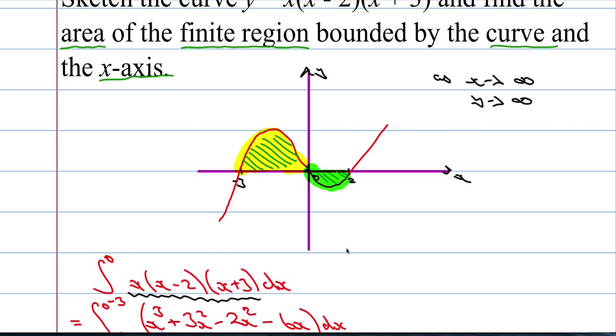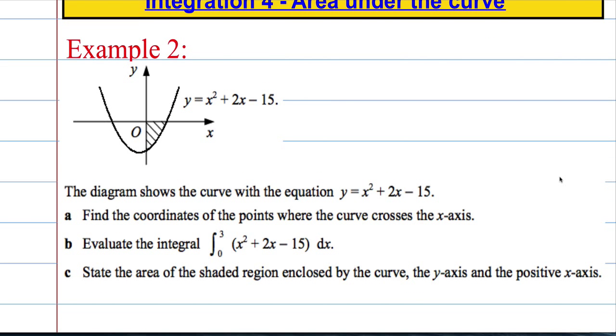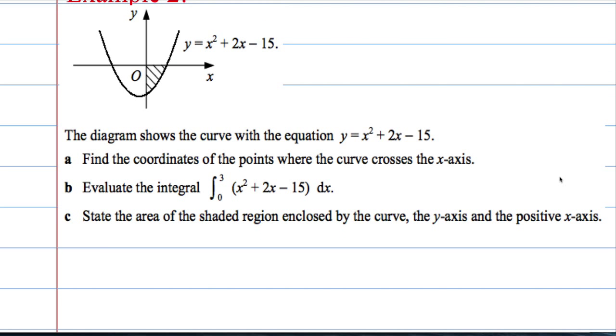Well, let's see another example here. So we've got a curve shown, and part A, we're asked to find the coordinates of the points where the curve crosses the x-axis. So where does this curve cross the x-axis? Well, we should be able to answer that question simply by factorising.